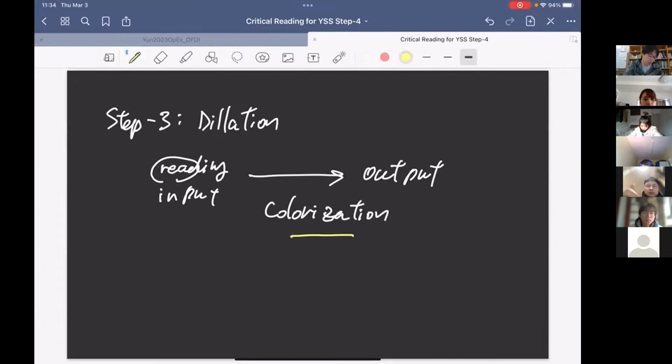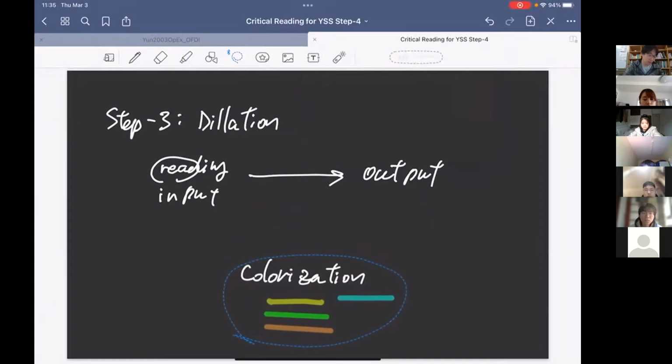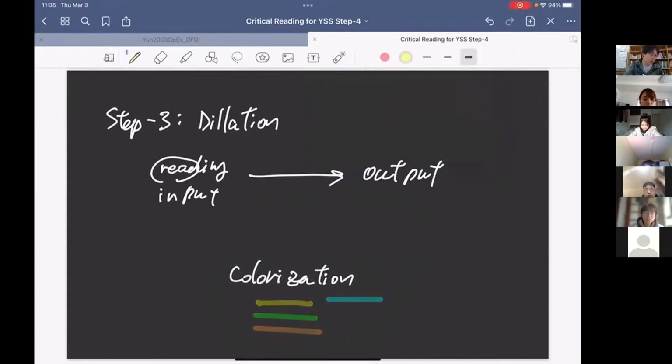An important point, yellow, and a more important point, green, and a question point, brown, and keywords, most importantly keywords, blue, right? That was something we've done in step 3.